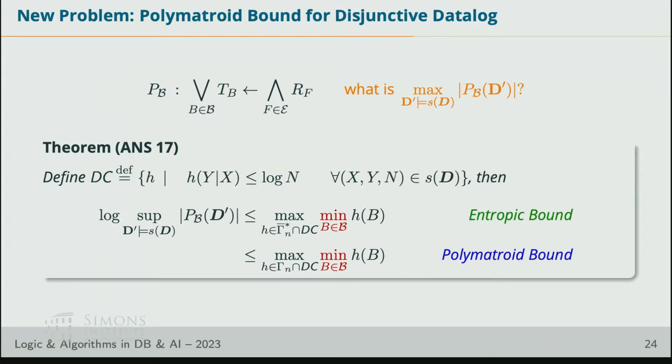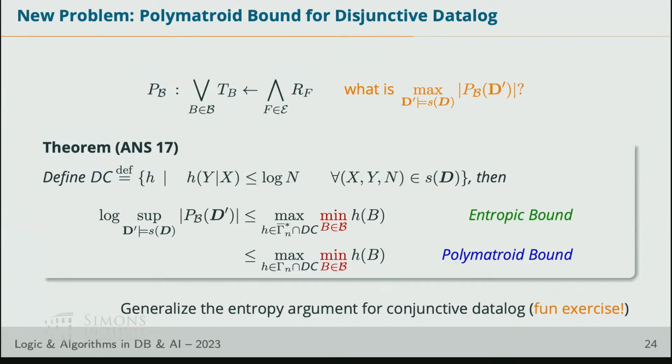And it turns out that you can do something similar, right? You can bound the size of a disjunctive datalog rule using the polymatroid bound, just using the entropy argument and the polymatroid bound. The only difference is that there's this extra min that goes into the picture. And if you would like an exercise for your students, this is an excellent exercise.